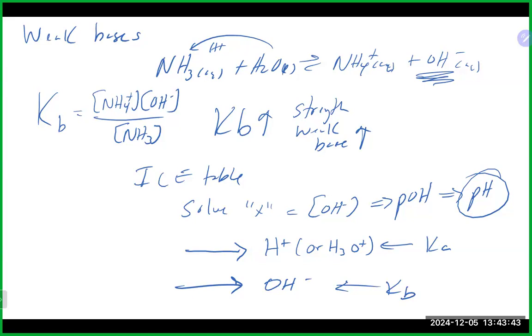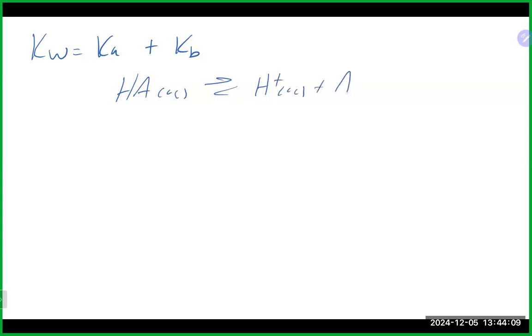What happens if you need a Ka or a Kb and you don't have it, but you do have one of them, either a Ka or a Kb? Remember that Kw will equal Ka times Kb in this particular case. That is because if you have a weak acid, which would be something like HA going to H plus and A minus, as that's just a generic acid, that would be a Ka value.